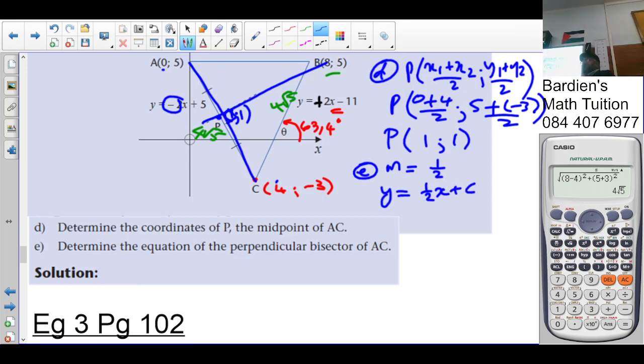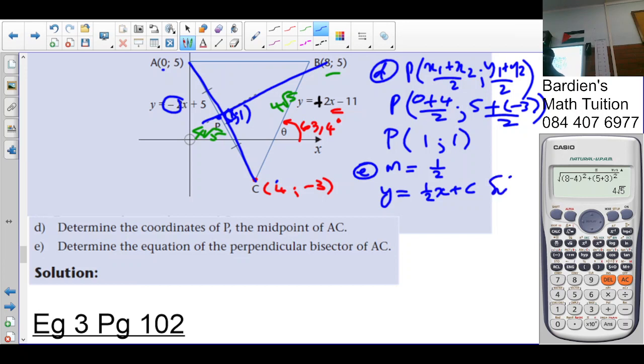So how do I calculate c? I substitute a point that lies on that line. Do we have a point that's lying on that line? Yes. Which is what? P. It's going through P. Why? Because P is the midpoint. It's the bisector, the point at which it's cutting in half, bisecting.